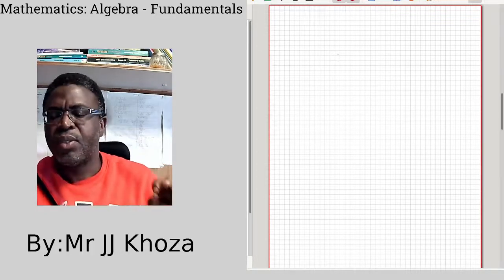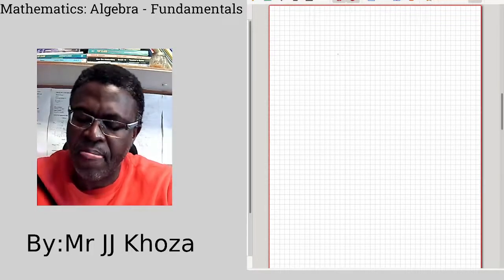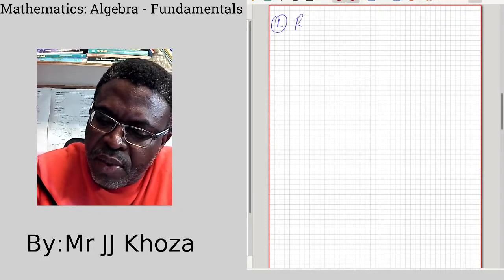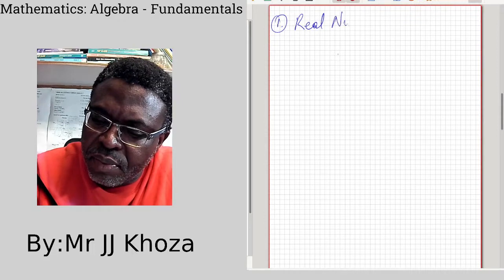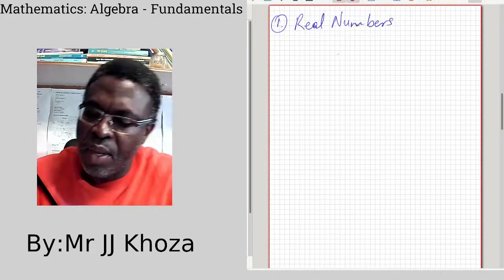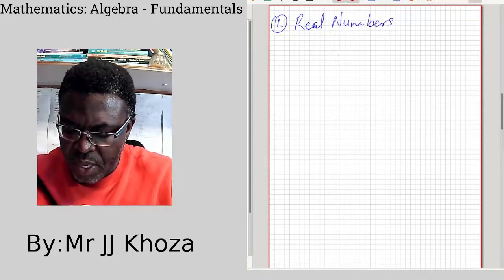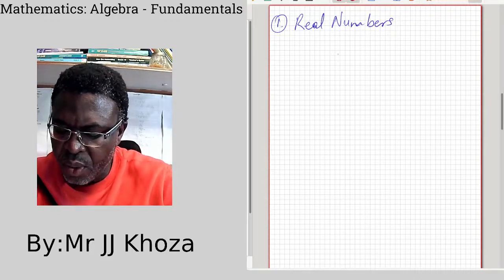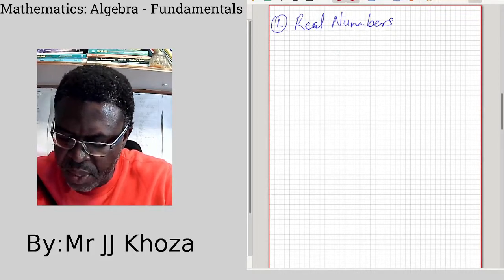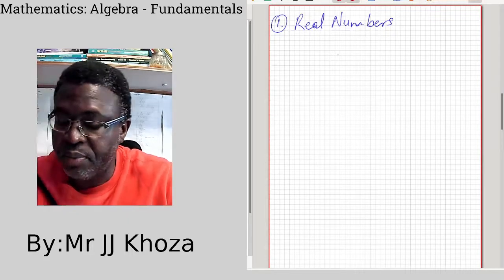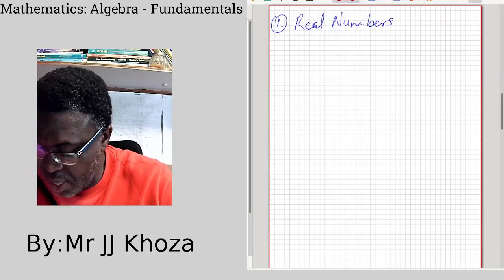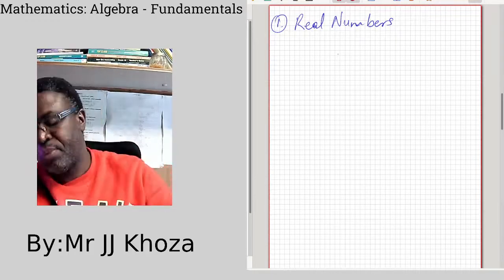Right. Now let us start our lesson. We're talking about fundamentals of algebra. I want to talk about real numbers. When we talk about real numbers, we are going to talk about different types of numbers: natural numbers, integers, rational numbers, and irrational numbers.